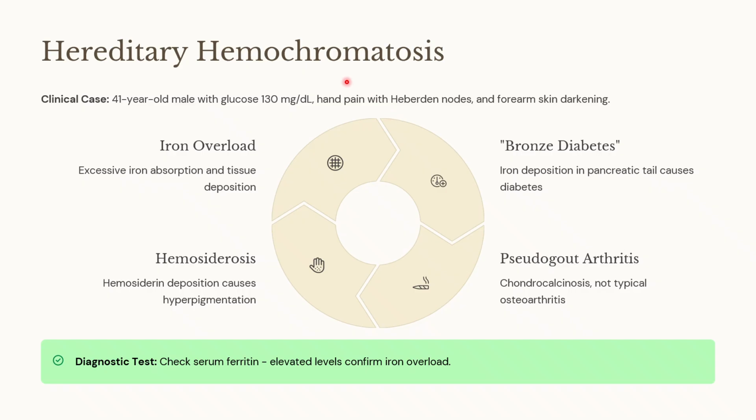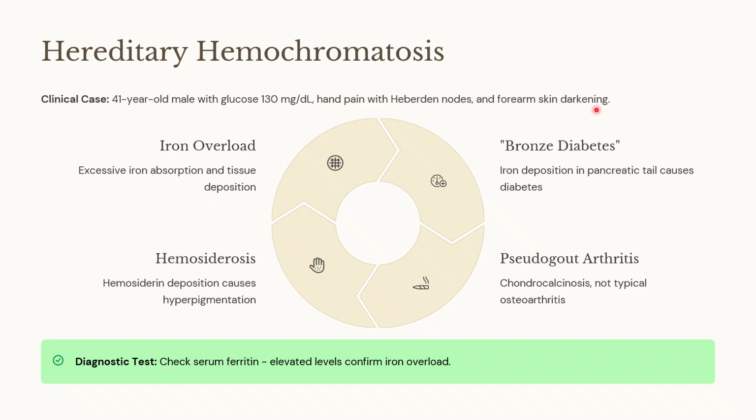But here, even though they have hand pain with Heberden nodes, the entire vignette doesn't fit with osteoarthritis because they have a glucose of 130 milligram. Why would osteoarthritis present with a glucose of 130 milligram, and why would they have forearm skin darkening? So therefore this constellation of symptoms fits hereditary hemochromatosis.